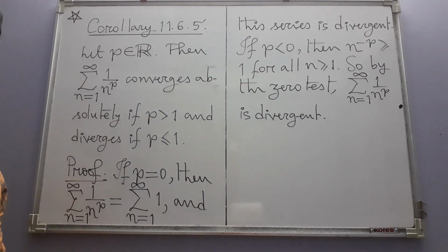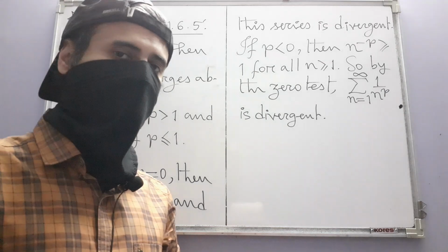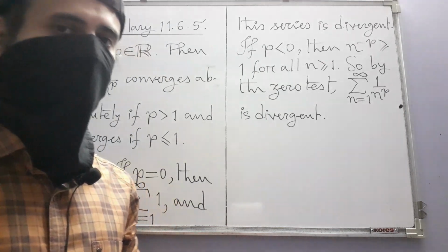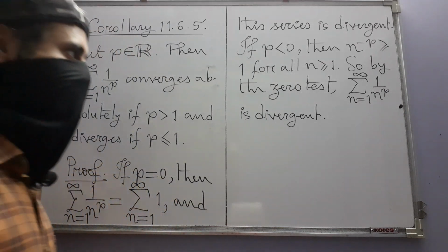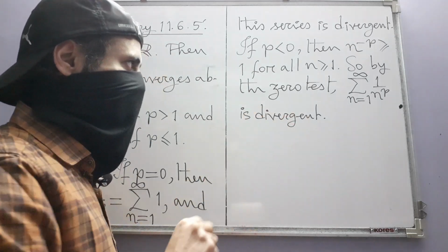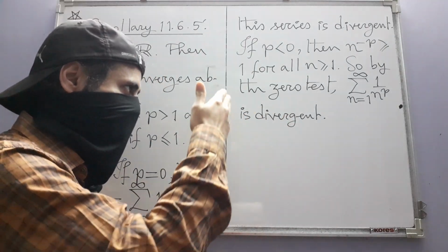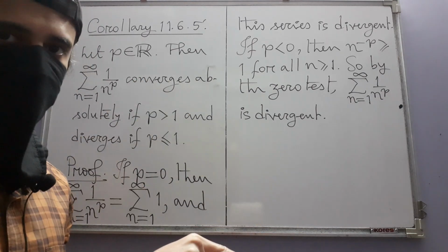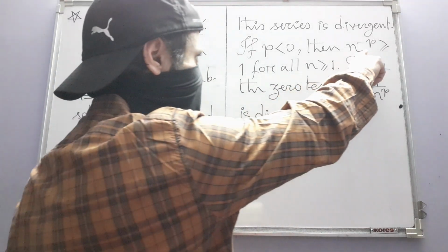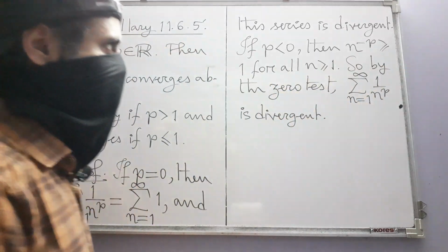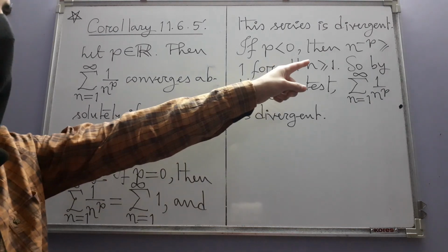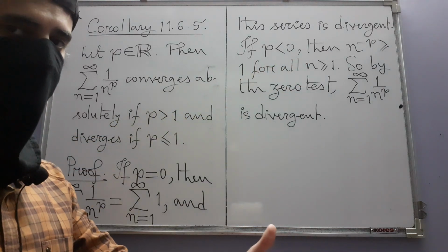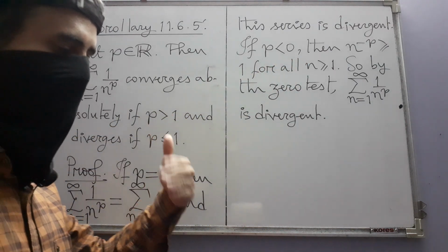What does the zero test say? The zero test is a necessary condition for the convergence of a series. If a series of real numbers converges, then the sequence of its terms should converge to 0. However, this sequence cannot converge to 0 because all of its terms are greater than or equal to 1. It cannot go past 1.